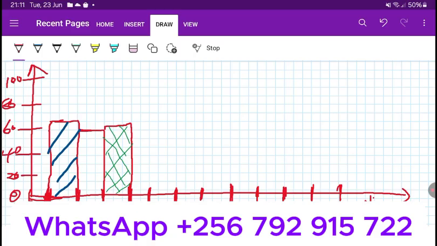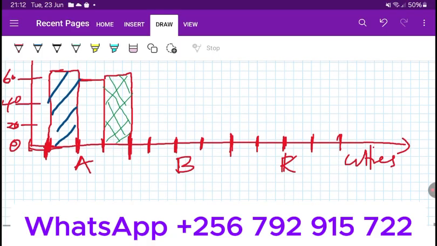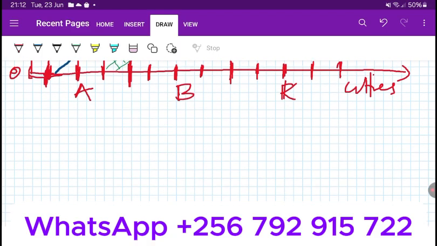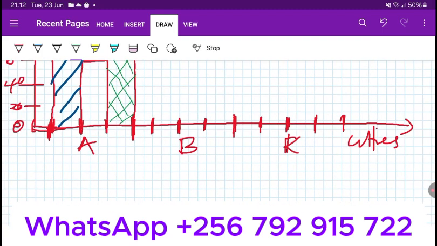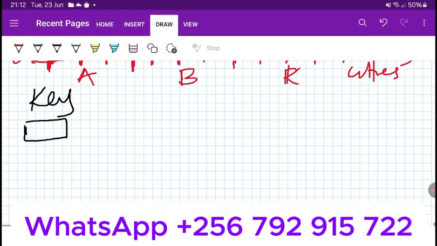So that's how you now come here. Immediately after you are done with one of the cities, you come and create a key. Because you will not have time to wait until you are done. You create a key. You put the key and you say a key. Then you put that information. Here I'm going to use the different colors. You also name them according to how you shaded them in that order.